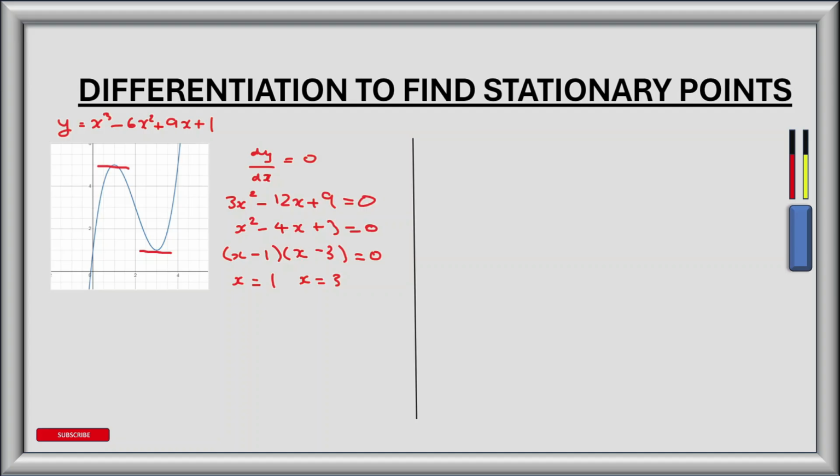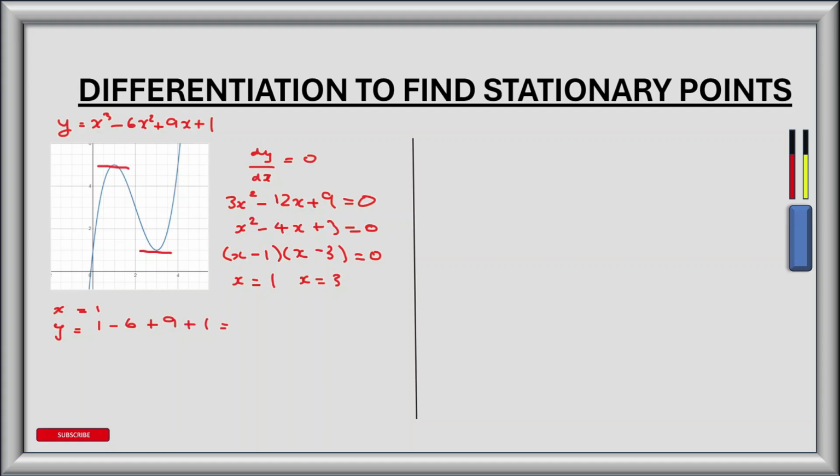So let's take x equals 1, and y will equal, so x cubed is 1, minus 6x squared, so x is 1 again, so it's minus 6, plus 9 times x, so x is 1, so 9 times 1 is 9, plus 1.